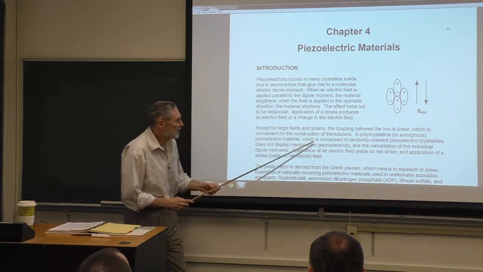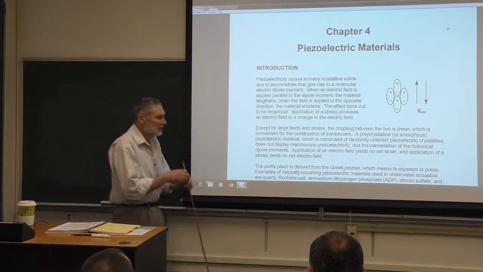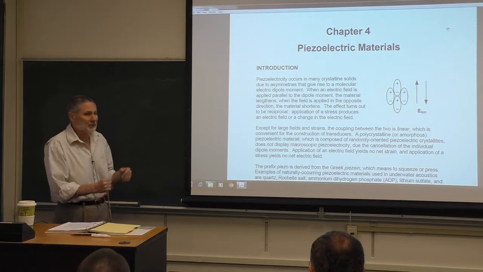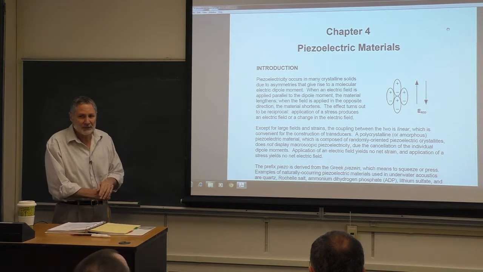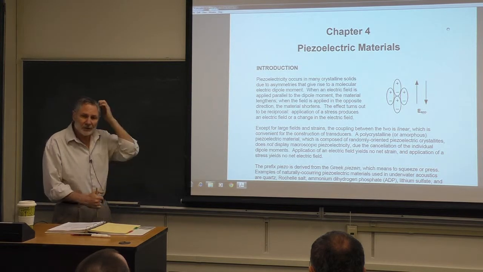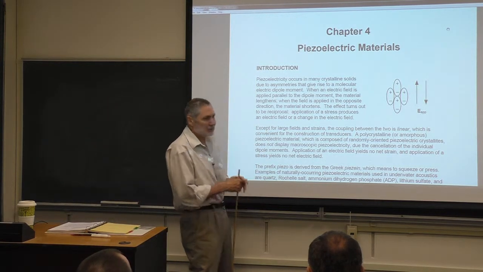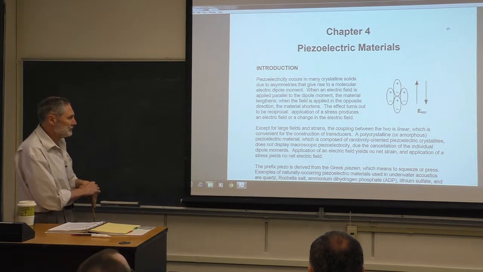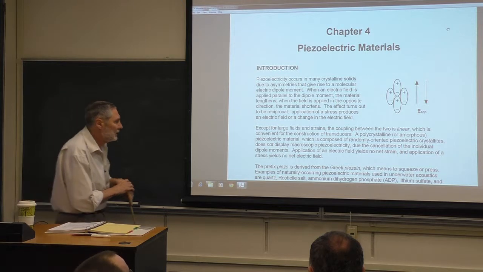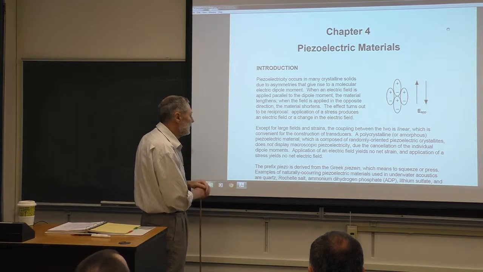That's a polycrystalline material, or also called amorphous. This is where they're just randomly directed. What's going to happen when you apply an electric field? Take a wild guess. Nothing. There's no strain. It's all going to average out. And the reverse is true too. If you compress it, you're not going to get any electric field. So that's not going to work. But as we'll see, there's a way around that.